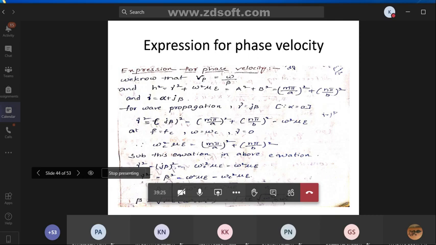So actually here we will get a minus sign. So beta square equal to omega square minus omega c square mu epsilon, right? If you rearrange this equation, then you will get beta square equal to omega square mu epsilon minus omega c square mu epsilon.